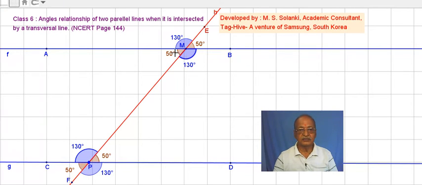So these two angles are right of the transversal line, interior angles right of the transversal line. These two angles are left of the transversal line, interior angles left of the transversal line. Their sum is 180, so this 130 and 50.